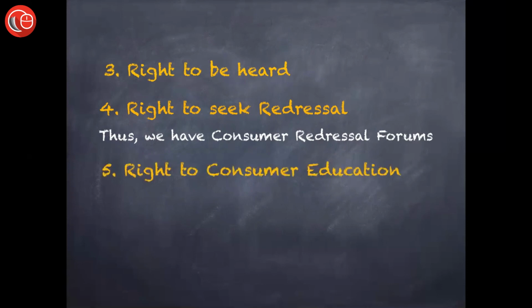And finally, it talks about the right to consumer education. One thing that is important here is that the aim of the Consumer Protection Act is not only to protect the consumers once the harm is done, but also for the government and various other authorities to educate the consumers about unfair trade practices and other kinds of malpractices going on in the market.